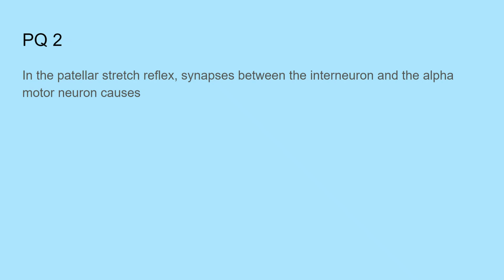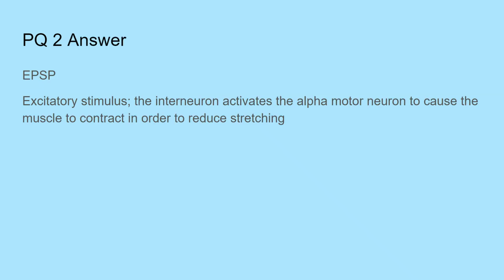It should be afferent to efferent neuron. Yeah, no interneuron. Would it cause muscle contraction? Yes. So it's an excitatory stimulus, EPSP, that would cause the muscle contraction.